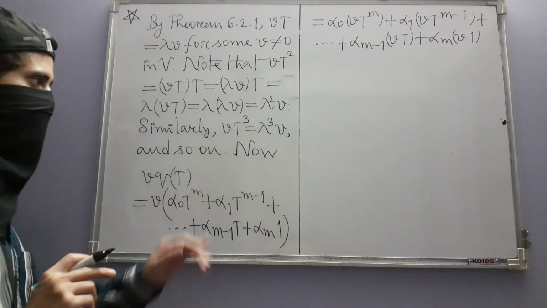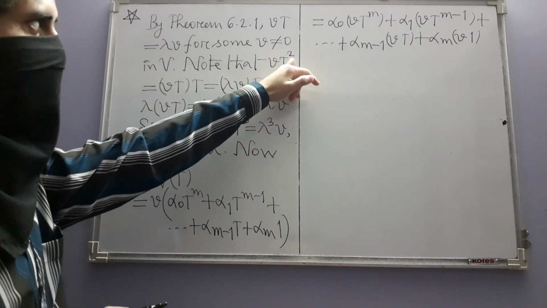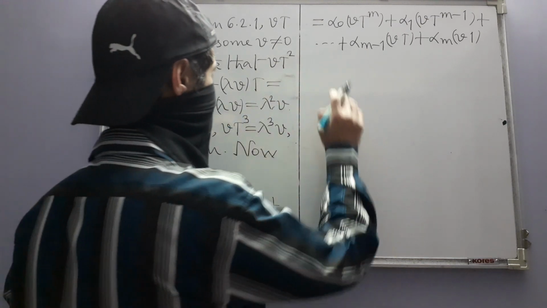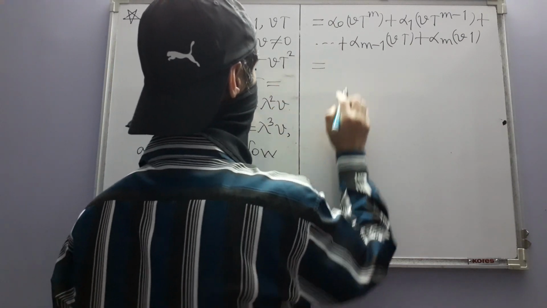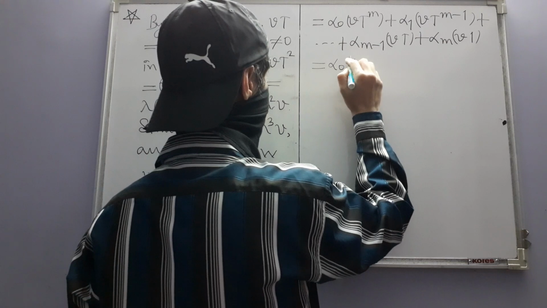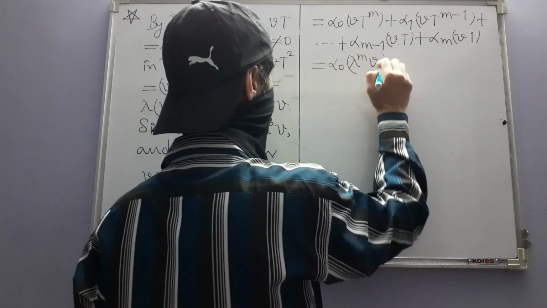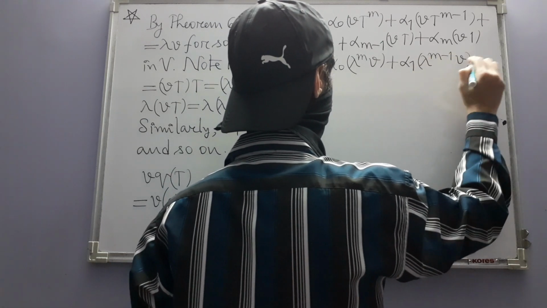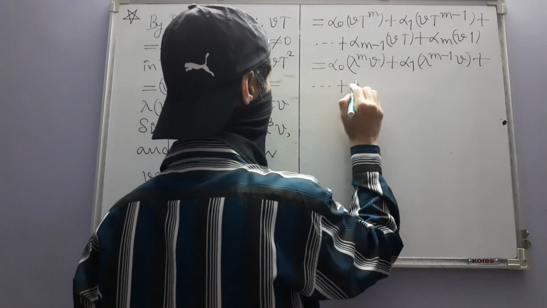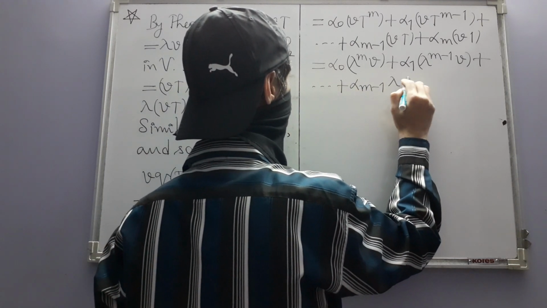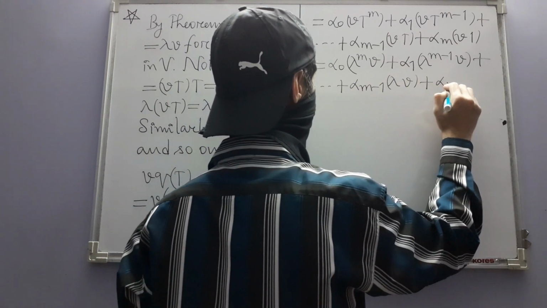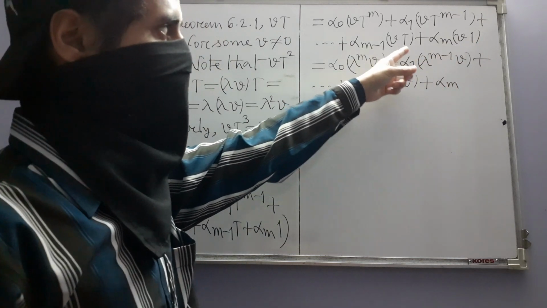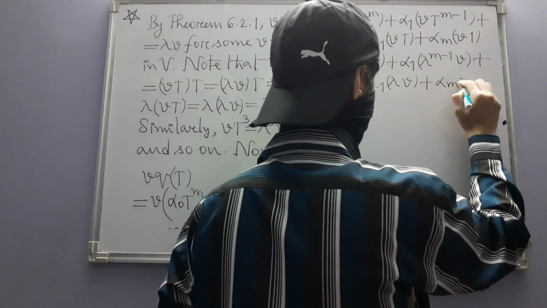And now you use these observations. Whatever exponent you have here, you are going to have the similar power for lambda. So here you are going to get alpha naught lambda to the power m v, next this, plus alpha m minus 1 lambda v plus alpha m v1. Of course, it's the identity operator, so on v it has no effect. It's going to give you v back.